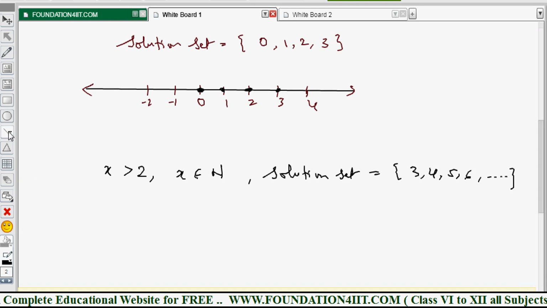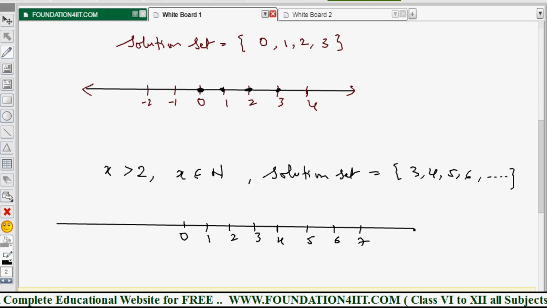This we can represent on the number line like this. Take the number line and keep the numbers: 0, 1, 2, 3, 4, 5, 6, 7, and so on. This side is the same, negative 1, negative 2. So here 3, 4, 5, 6, and so on.